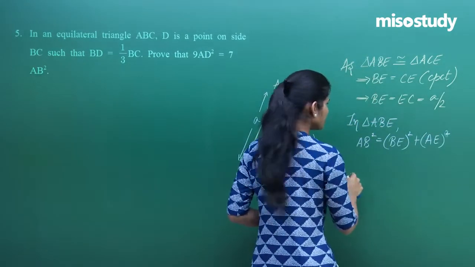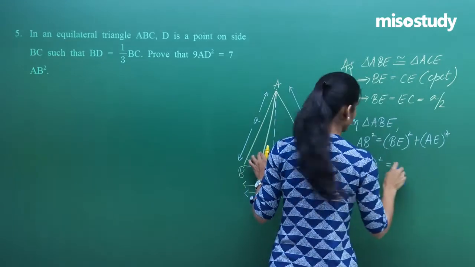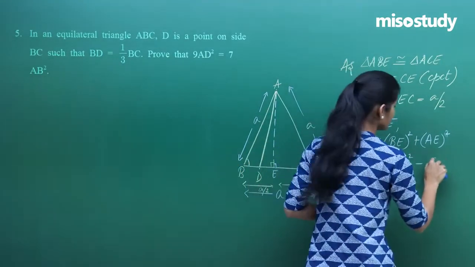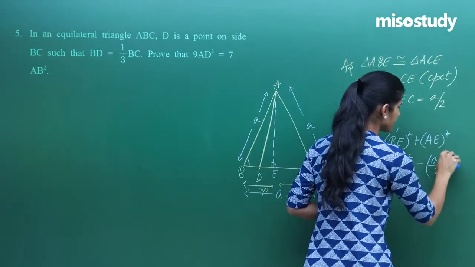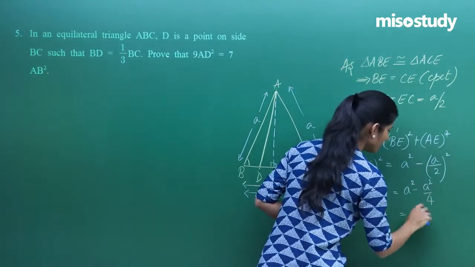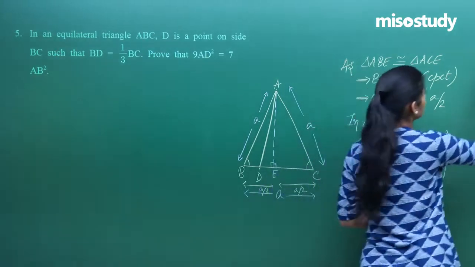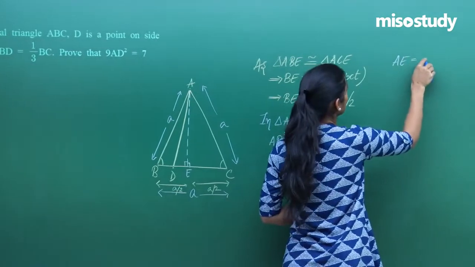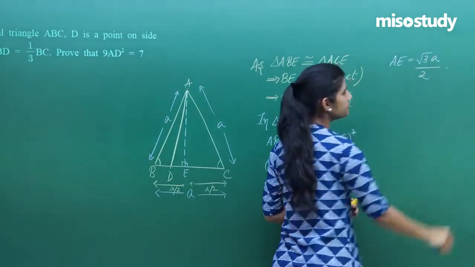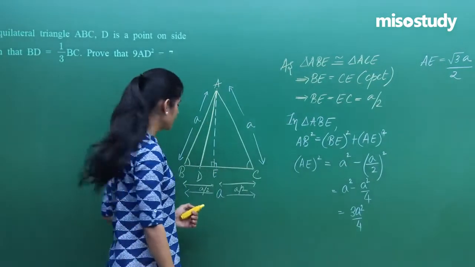So this gives you AE square is AB square, that is A square, minus BE square, which is A by 2 whole square. So this gives you A square minus A square by 4, 4A square minus A square, 3A square by 4. So AE will be root 3 A by 2. This is the length of AE, that is the perpendicular.